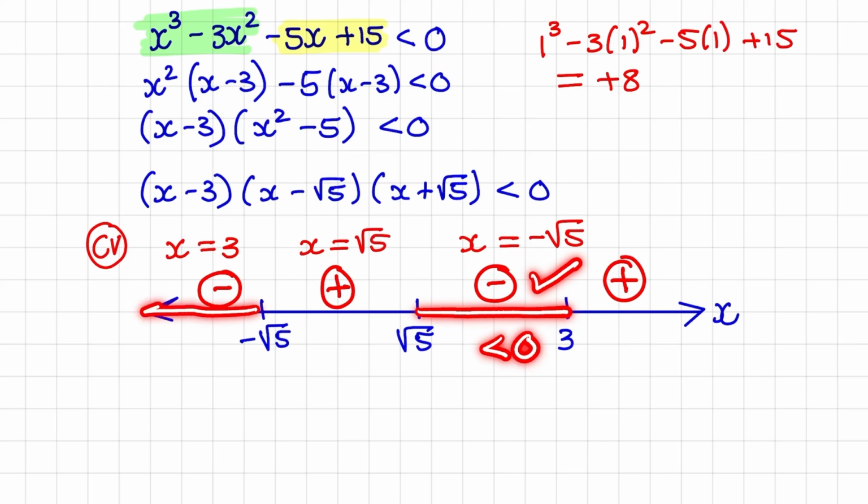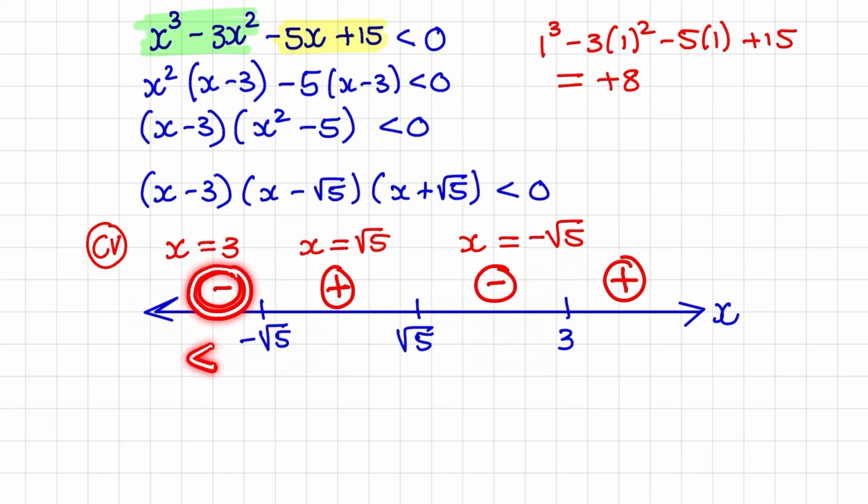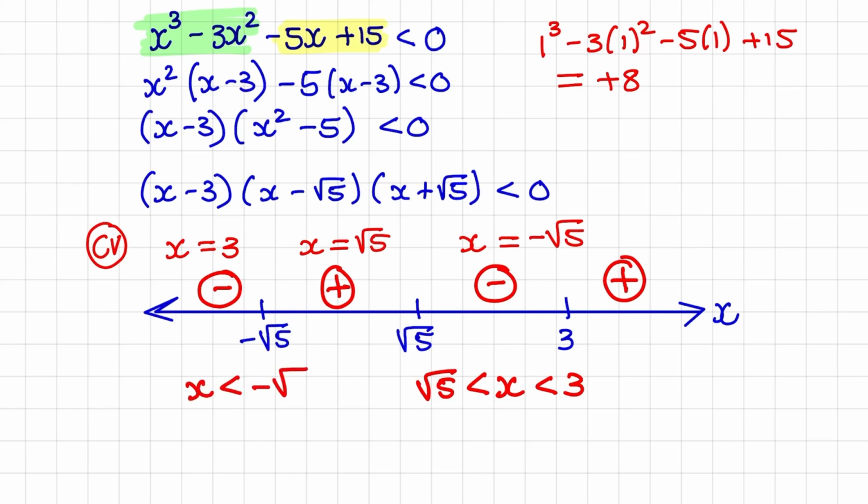And also for any value towards the left of negative the square root of 5, that will also produce values that are smaller than 0. So this inequality is satisfied for x smaller than 3 and bigger than the square root of 5, and also for x smaller than negative square root of 5.